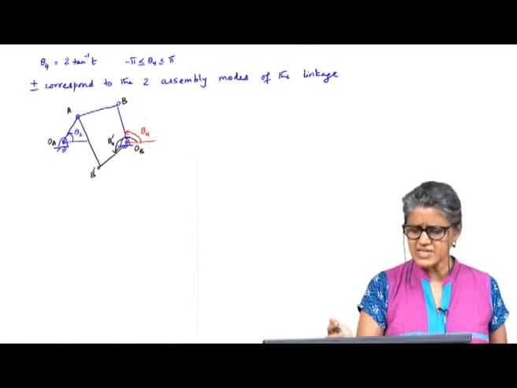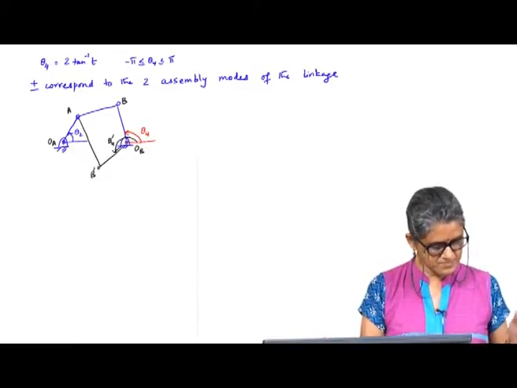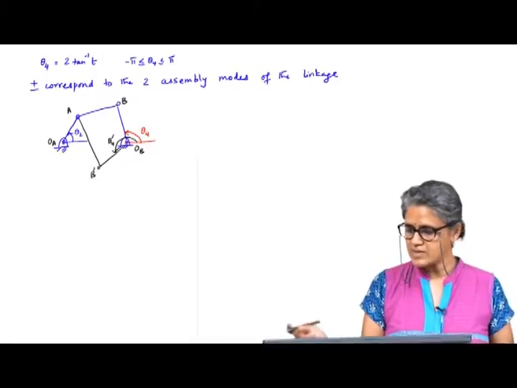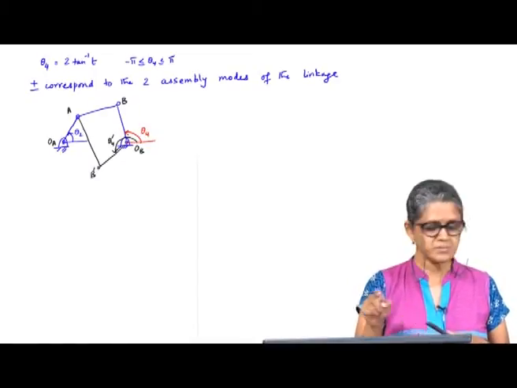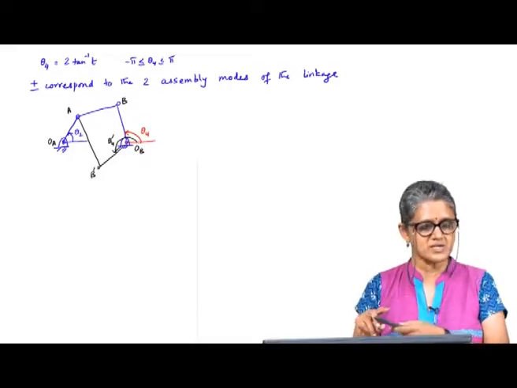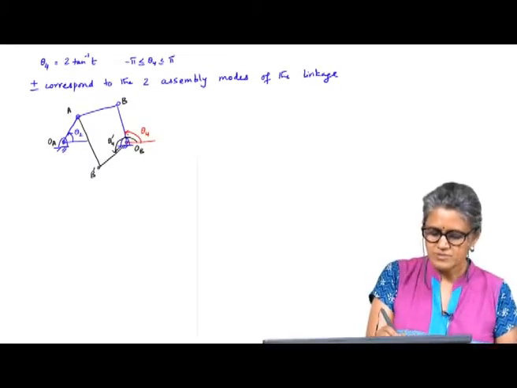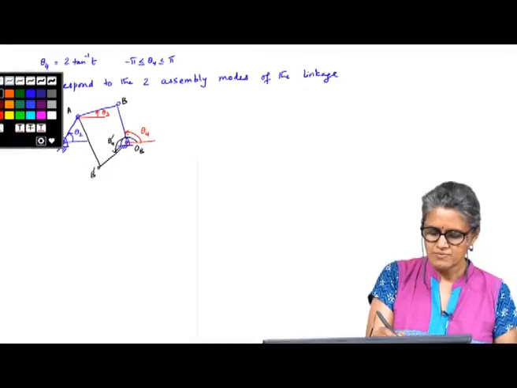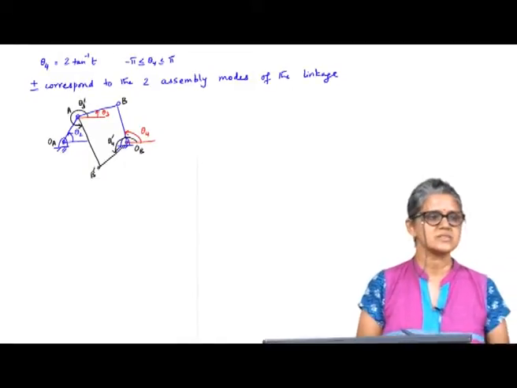And theta 3 you can find from one of the earlier equations, where you eliminated theta 3. You go back to that, plug in the two values of theta 4, and you will get two values of theta 3. So, for this assembly mode you will get this, then for the second one this will be theta 3 dash.